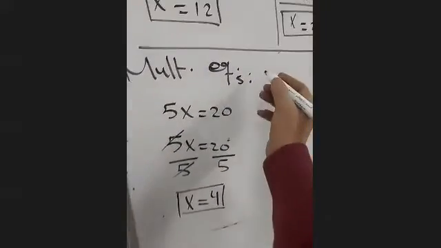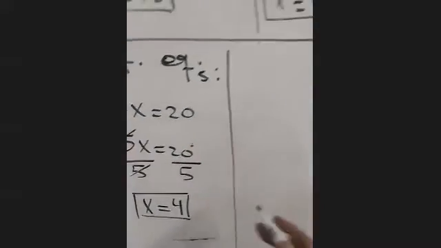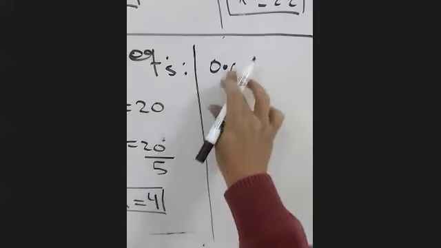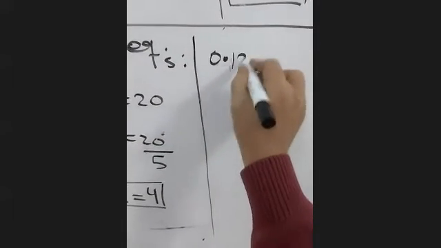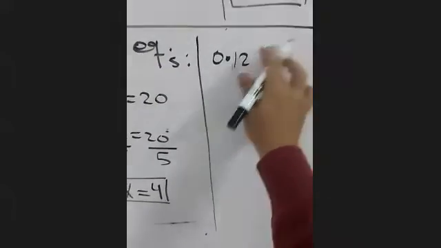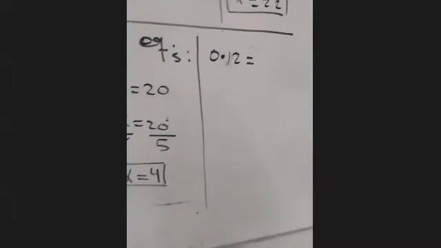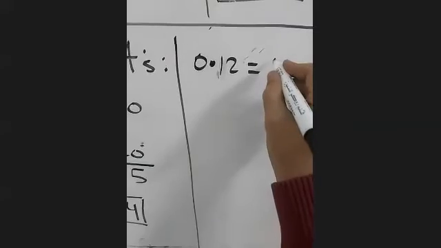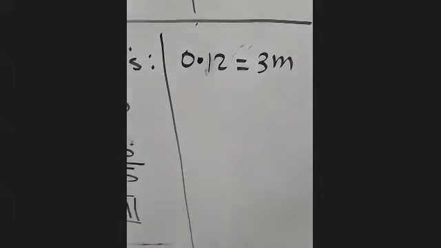Another example about the multiplication equation, for example, 0.12 equals 3m.